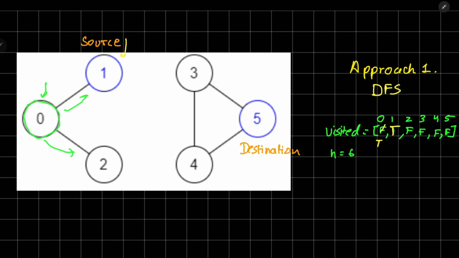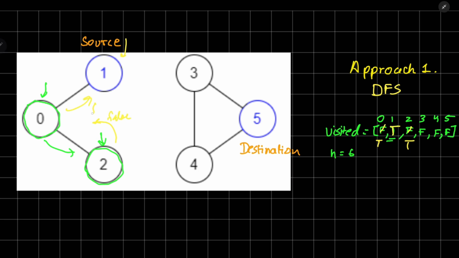The DFS function will not be called on 1 as it is visited, it is marked true. Then it will check if visited of 2 is false, and we have visited of 2 equal to false. So the DFS function will be called here, and then this 2 will be marked as visited, so this becomes true. Now 2 has no neighbors, and so it will return false from here.